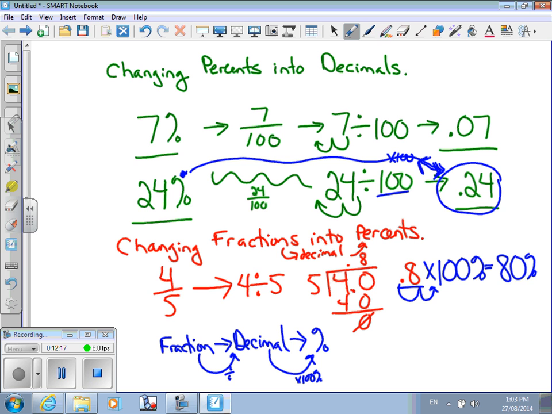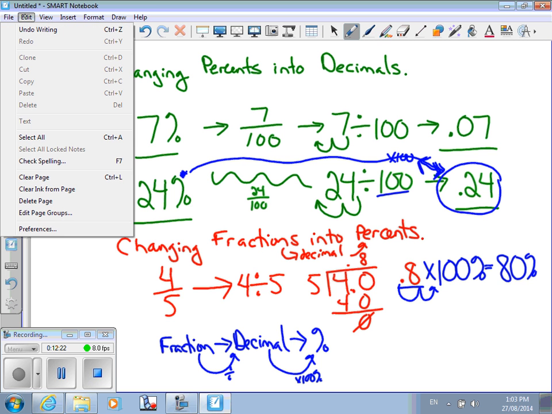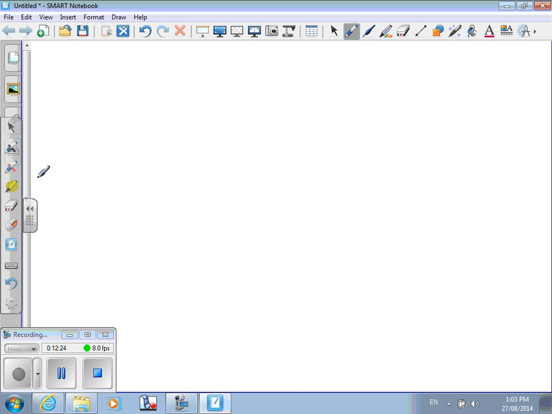I think we should do one more example. I'm going to clear the page here. Let's look at changing, how about 9/11 to a percent.